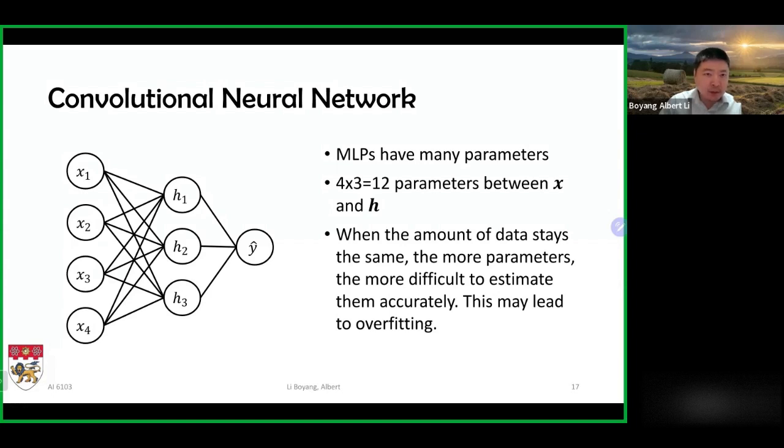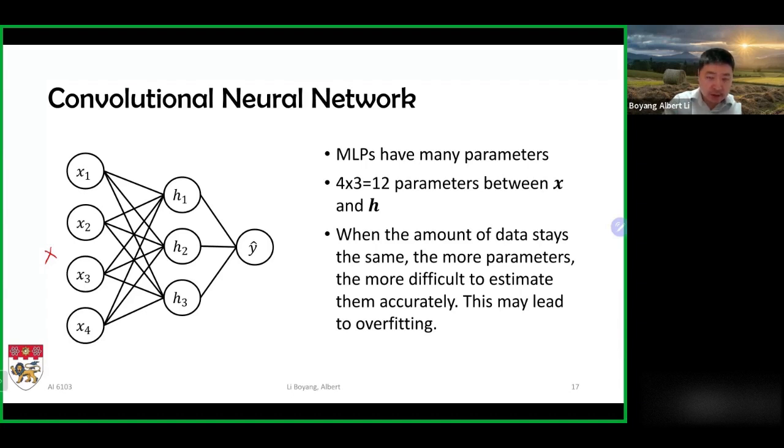This is the simple MLP we saw earlier, all right? Because we have a four-dimensional input vector x, and the hidden units are three-dimensional, we have a connection between every input element and every hidden unit.